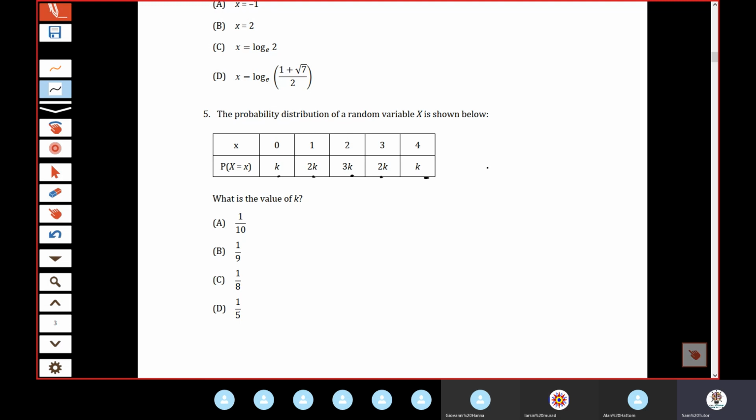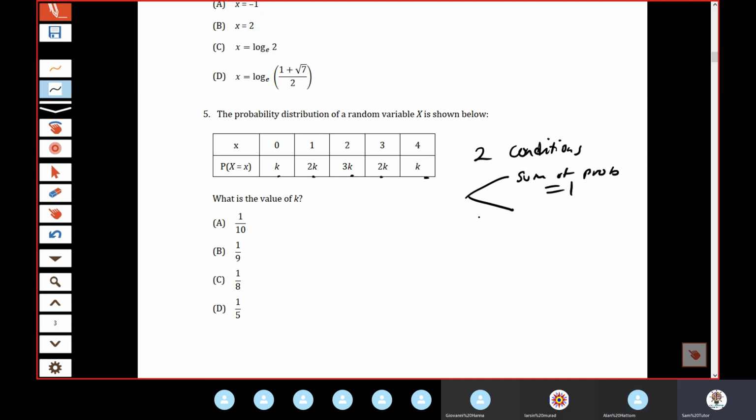There were two conditions. What was condition one? Condition one, the sum of your probabilities equals 1.